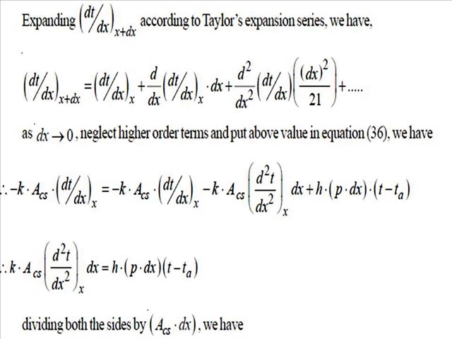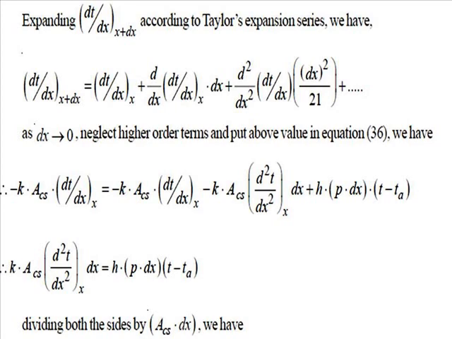If we consider dx tends to 0, we can neglect higher order terms and we get dT/dx at x plus dx equals dT/dx at x plus d/dx of dT/dx into dx. So we are considering the first two terms only, and all the higher order terms we are neglecting.